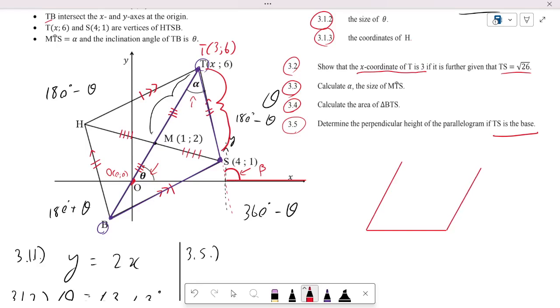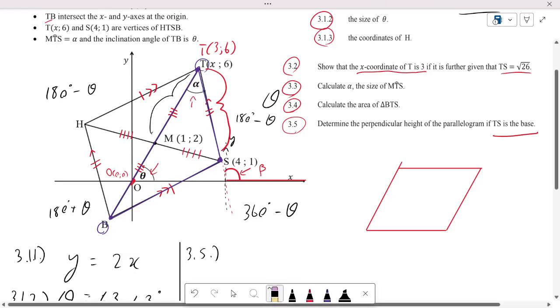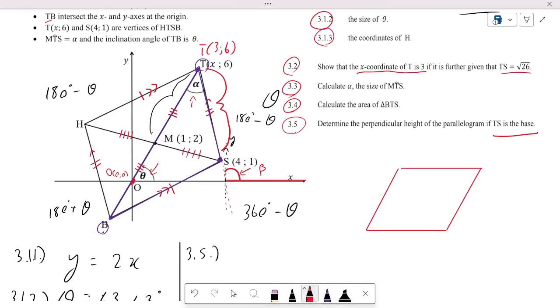This would be our parallelogram, such that we have TS as the base, and then it is going to be B and then H. So that is our parallelogram.